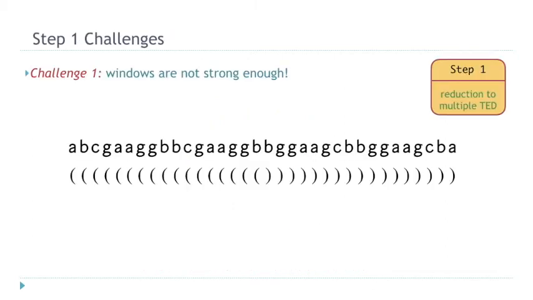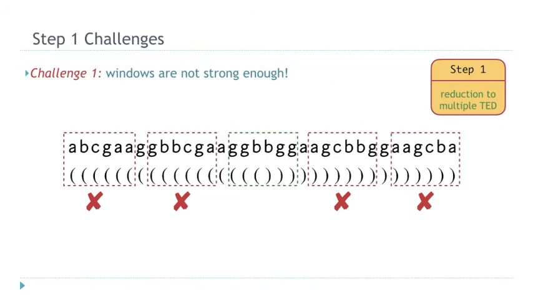All right, so I'll begin by telling you why the previous algorithm for edit distance doesn't work for tree edit distance. The first issue is that the windows are not strong enough to give us a solution. The bad example is the following. Suppose you have a bunch of nested open parentheses.